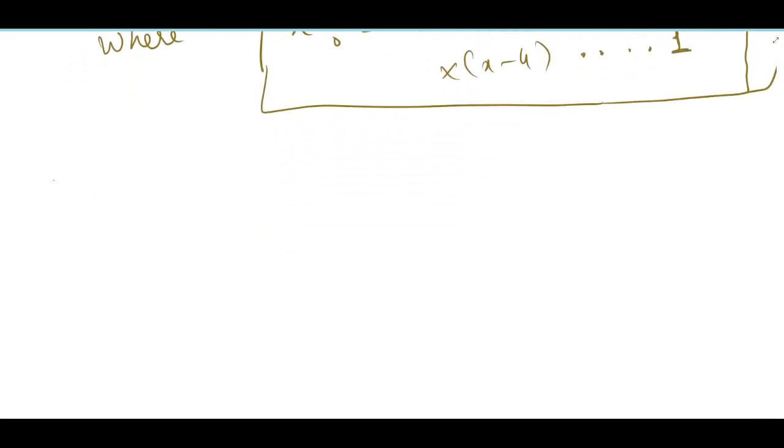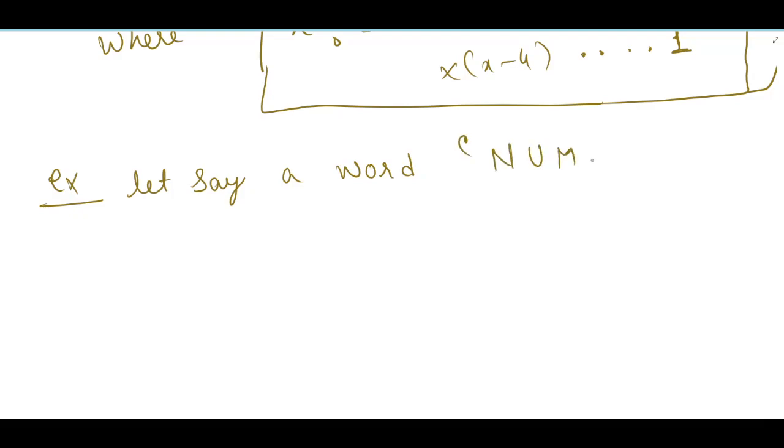For example, let's say a word number. How many arrangements of letters are possible to make a 6-letter word with or without meaning?